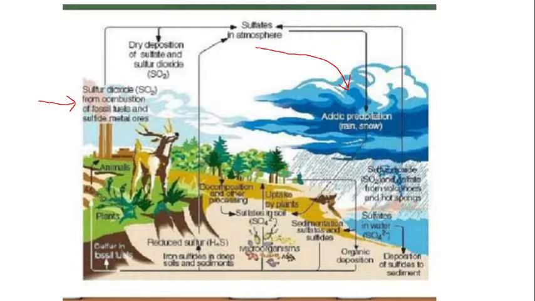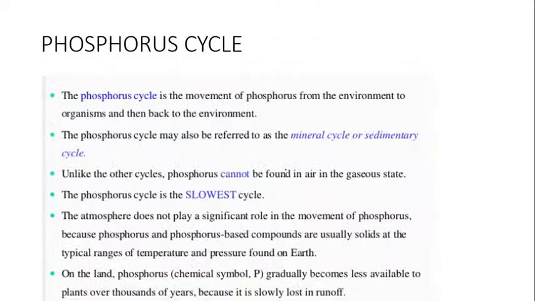So the reservoir of sulfur is the lithosphere. Next is the phosphorus cycle. The phosphorus cycle is another sedimentary cycle, and it is the movement of phosphorus from the environment to organisms and then back to the environment. From rock weathering and water bodies, it will reach the body of plants.